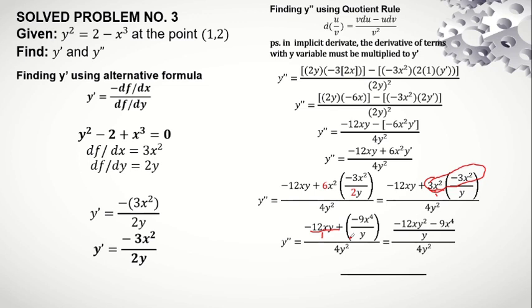What is the LCD of this? 2y. So, ngayon, y times 1. Y times negative 12xy is equal to negative 12xy squared. Next, y divided by y is 1 times negative 9x^4 is equal to negative 9x^4.